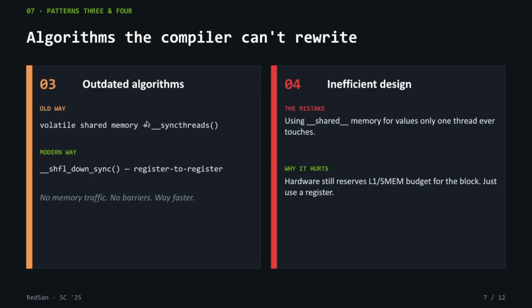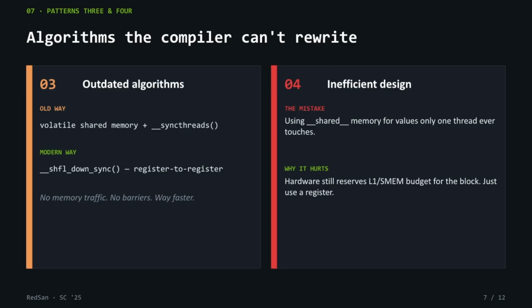The third reason is outdated features or outdated algorithms. As GPU hardware evolves at a rapid pace every year, we also need to evolve our software design techniques, especially for GPU programming. One instance is using volatile shared memory plus sync threads to share data between threads, which is an old way.